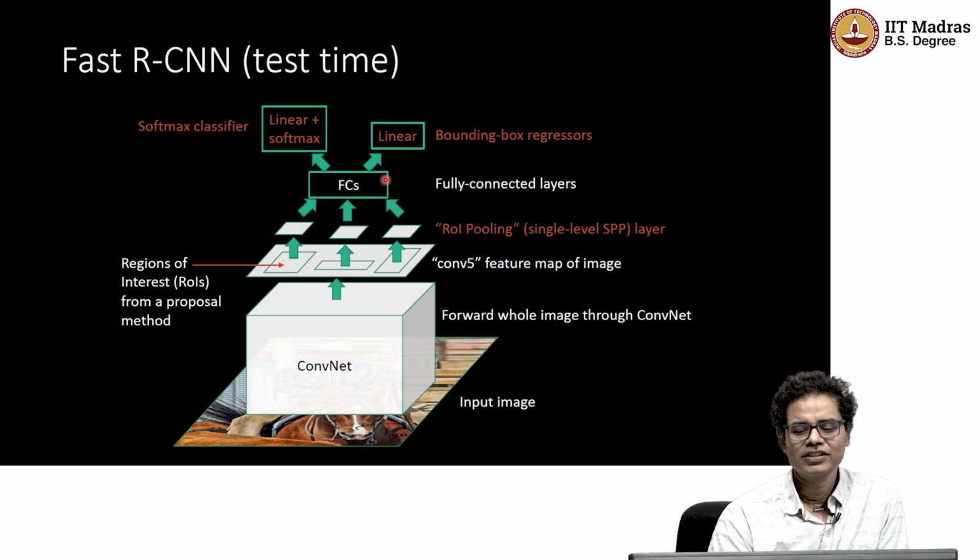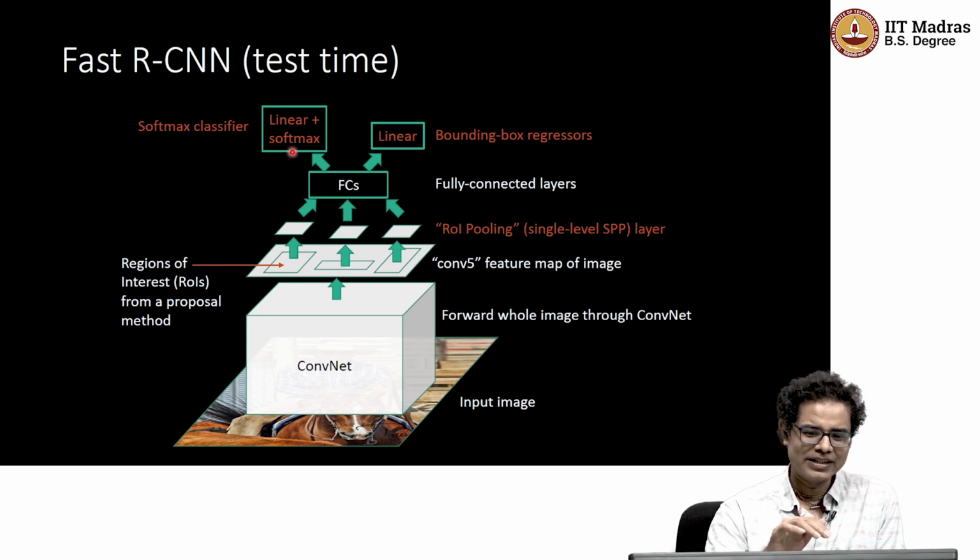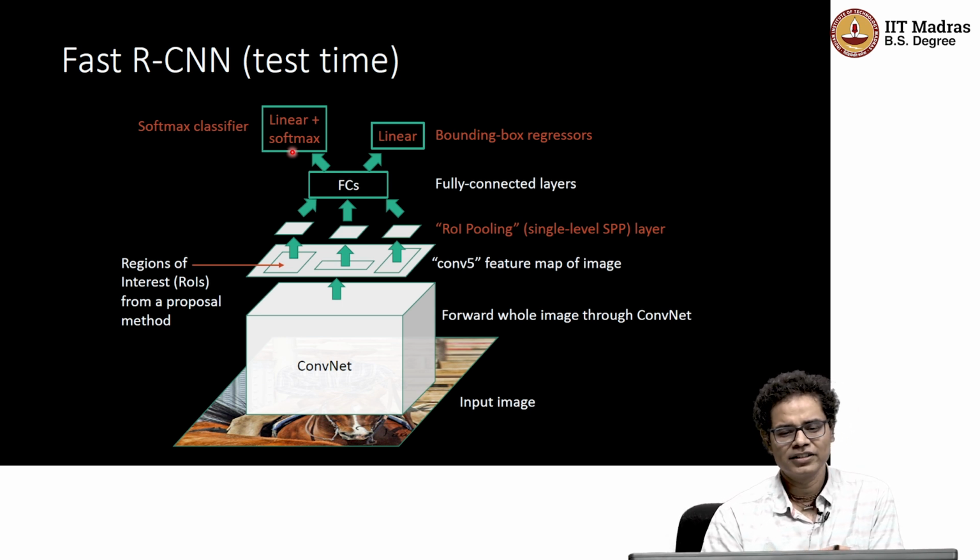The main advantage is you get the features only once and then pass them through fully connected layers, and for each bounding box you get the class, and you also get the refined bounding box regression. So this is during test time. Test time means given an image, let's say you have trained all this network, so the ConvNet, the fully connected layers and the linear layer are all trained, which means all the parameters are already obtained.